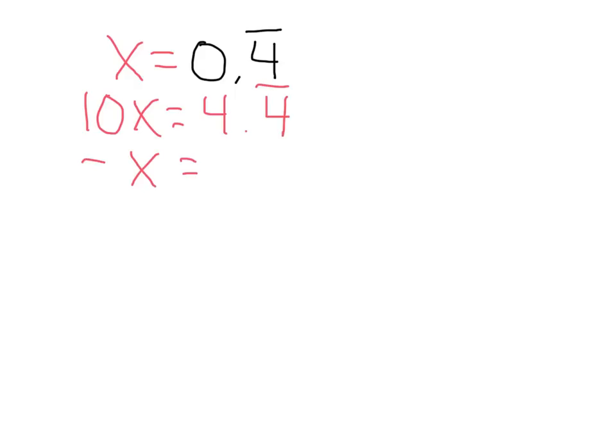All right, welcome back from pausing your video. Let's let x equal 0.4 repeating. Since 4 is in the tenths place, I can just multiply x by 10, and that would give me 4.4 repeating. And now I can subtract the x from 10x.